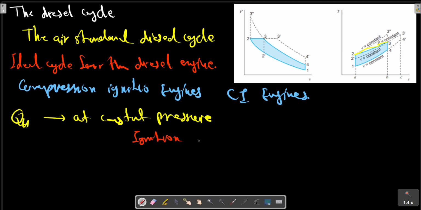Ignition and burning of fuel. This part is constant pressure heat addition. This point in the TS diagram is here, QH.